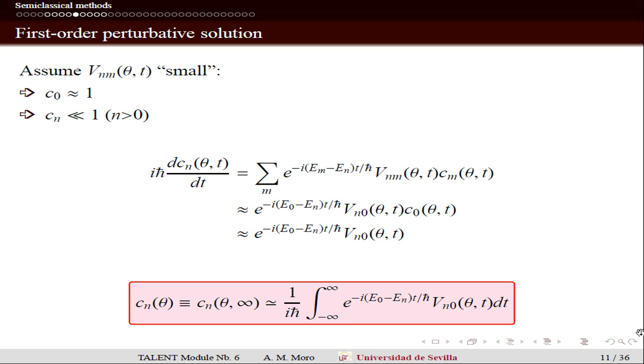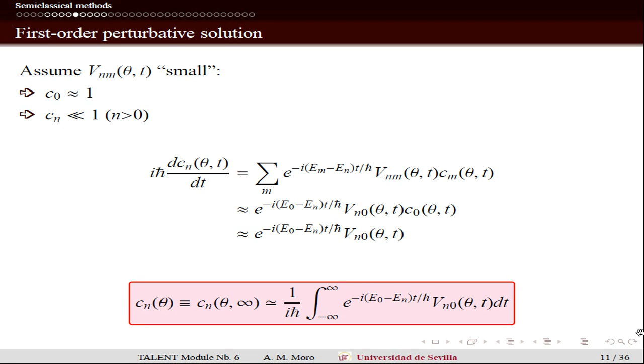We have only to solve this time-dependent equation, but this can be done immediately because there are no other unknowns in the right-hand side. So by integrating this equation between minus infinity and plus infinity, we get the integral form of this coefficient.